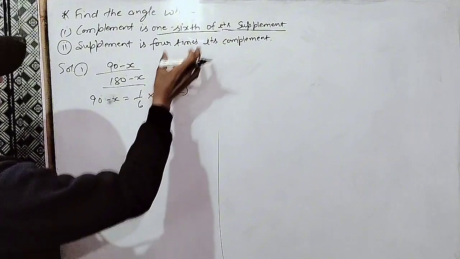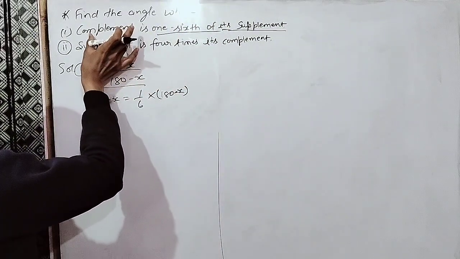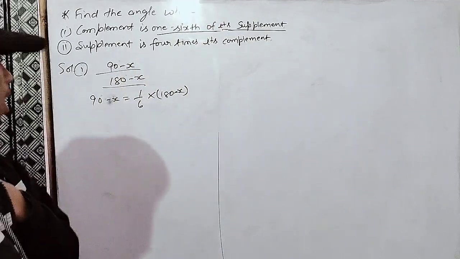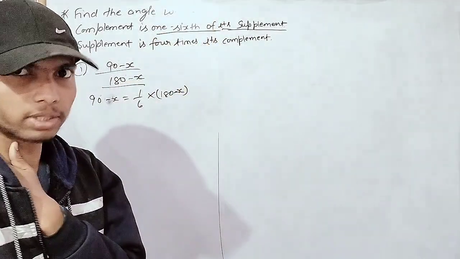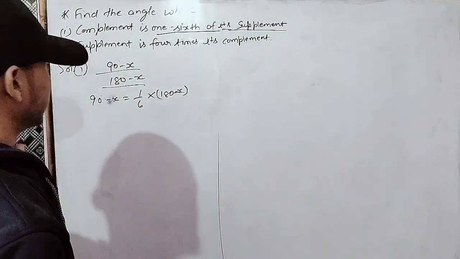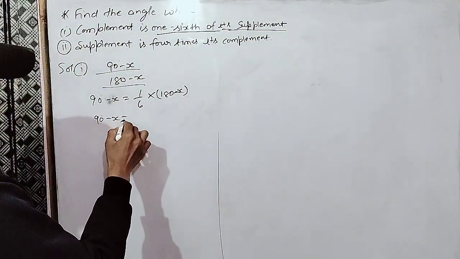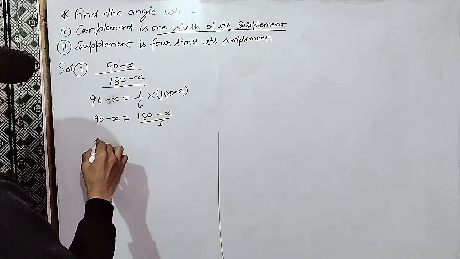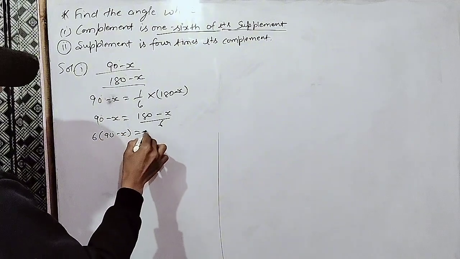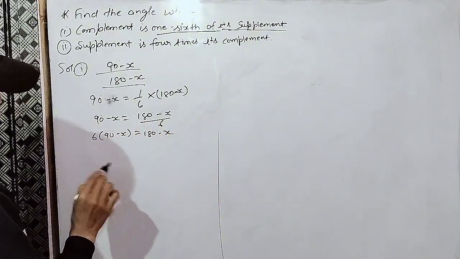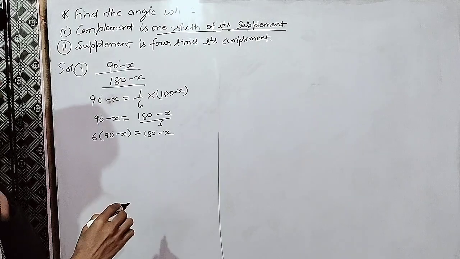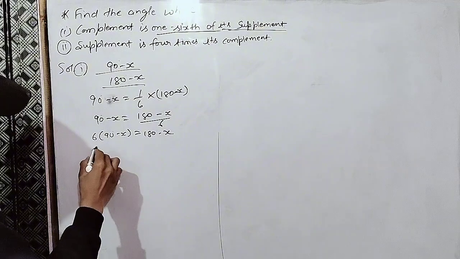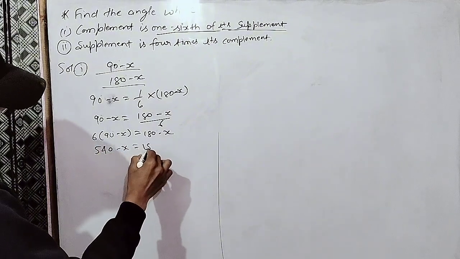This is the complement and this is the statement. Here 1/6 of, which means multiply, the supplement. The supplement is 180 minus x. Now the equation is 90 minus x equals 1/6 of 180 minus x. Clear? Am I right or not?